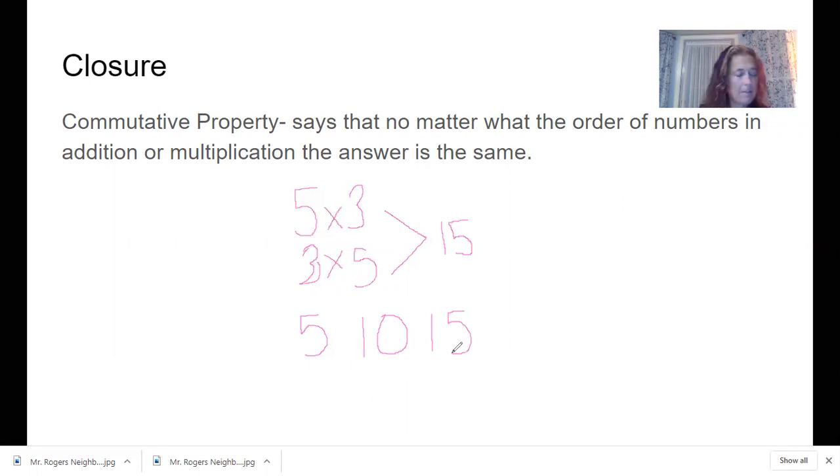Okay, so we counted by 5 3 times, and we still got the same answer as we did on the problem on the slide before, which is 15. So no matter whether it's 5 times 3 or 3 times 5, it's the same answer. Does not matter what order the numbers are in. Now remember, that is only for addition or multiplication, not subtraction, not division.